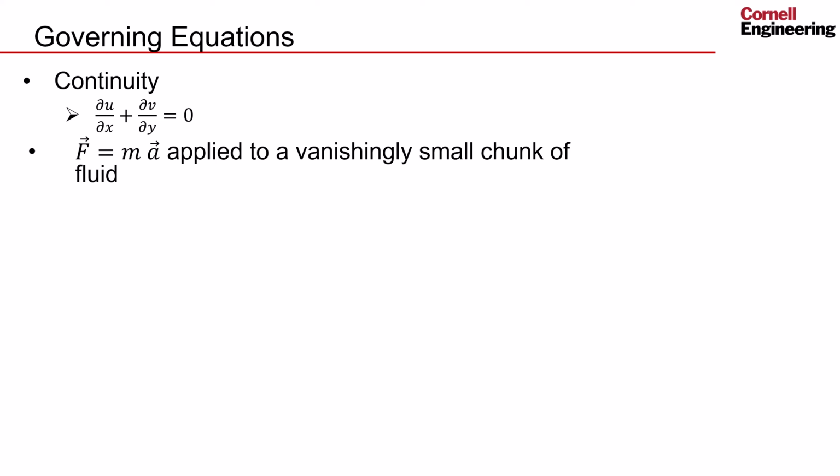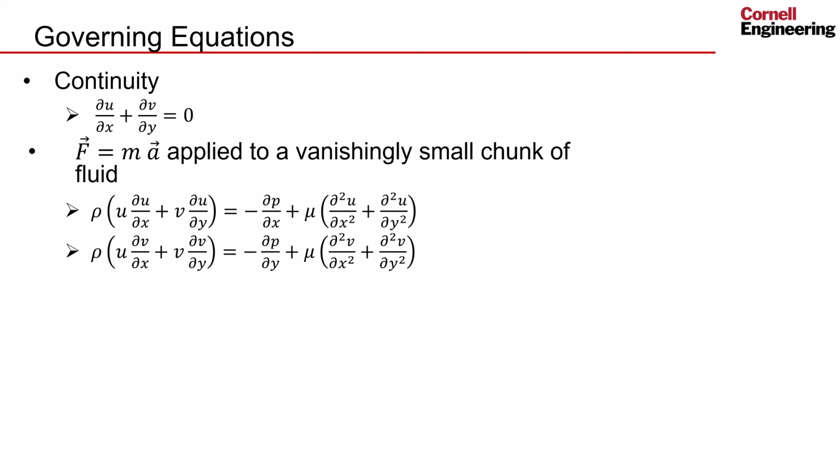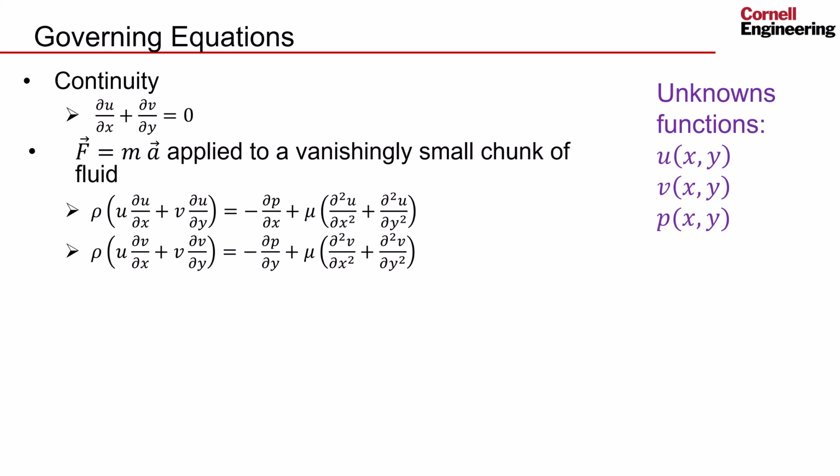This produces 2 equations, one in the x direction and one in the y direction. This provides 3 partial differential equations in terms of 3 unknown functions. Those are x and y velocities at each location, u and v, and the pressure, p. These are the quantities we will solve for in our model.